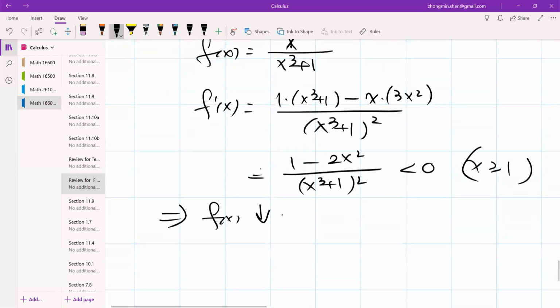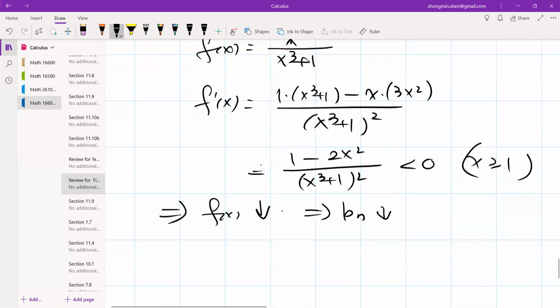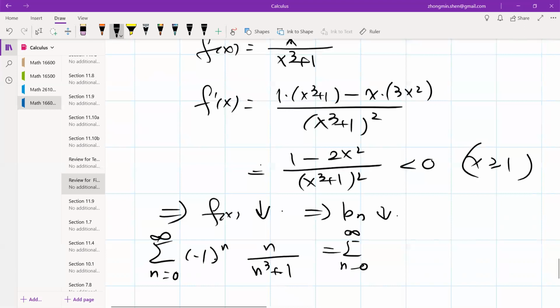Therefore bn is decreasing, since bn is equal to f of n. So this series is convergent by the alternating series test.